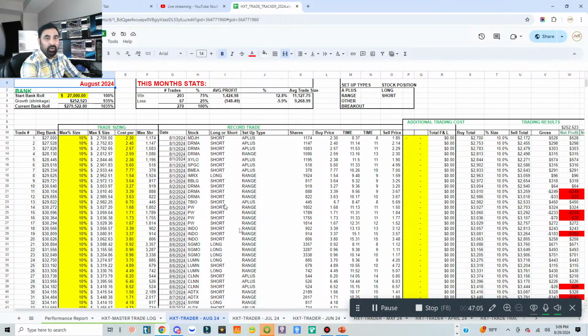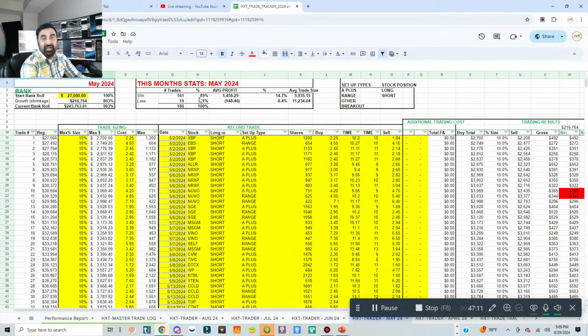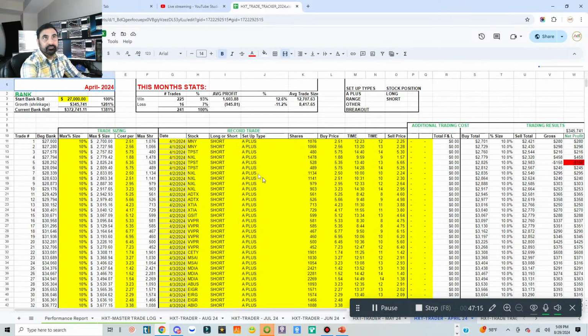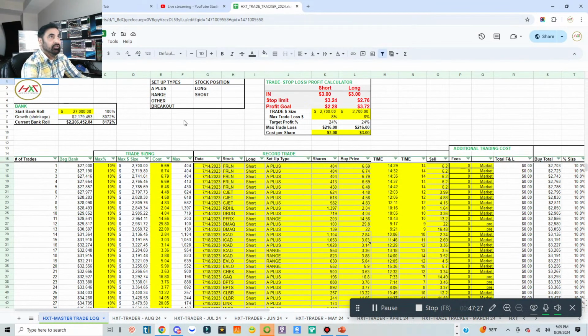But normally you can go back and check month after month. 89% in May. 93% in April. So yeah, we did have a downside recently. 83% is our standard, guys. If you go into the master log, it will tell you that 80% winning somewhere.